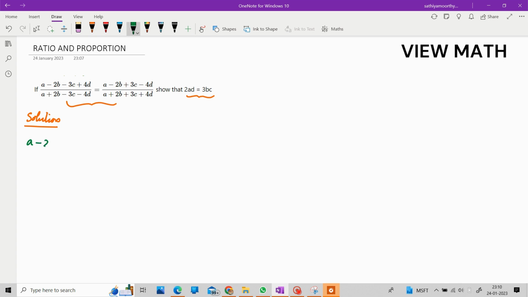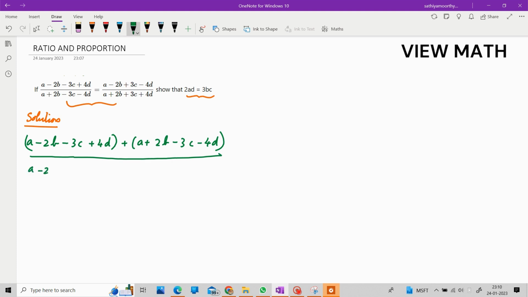So a minus 2b minus 3c plus 4d plus the denominator term a plus 2b minus 3c minus 4d divided by a minus 2b minus 3c plus 4d minus the denominator term a plus 2b minus 3c minus 4d.